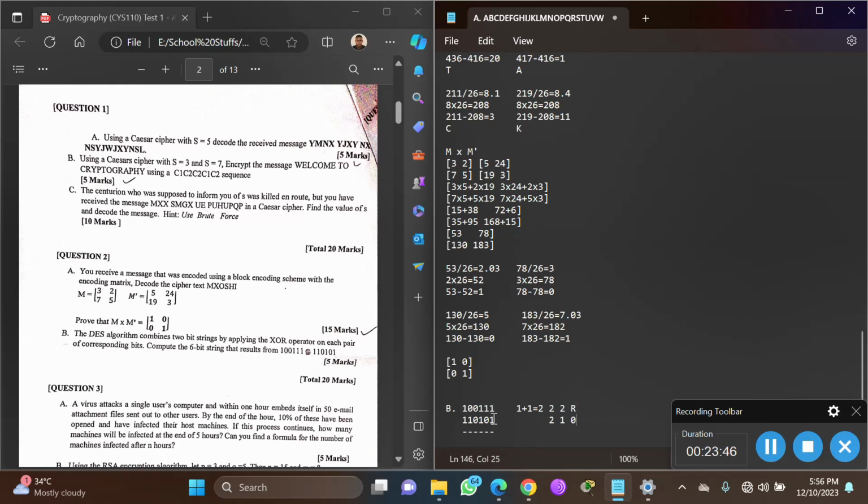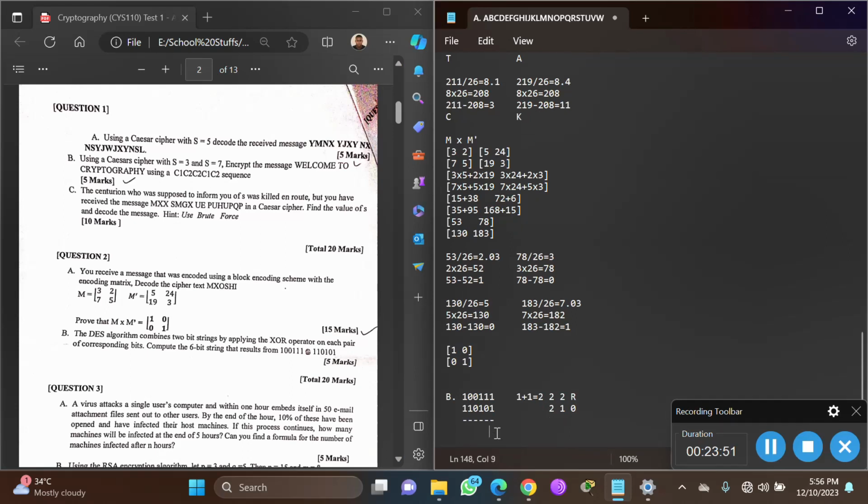So for this, we can say here we have a 0, where we have that 1 and the 1 to be a 0. Then we have this other one, which is 1 plus 0, and we are getting a 1.